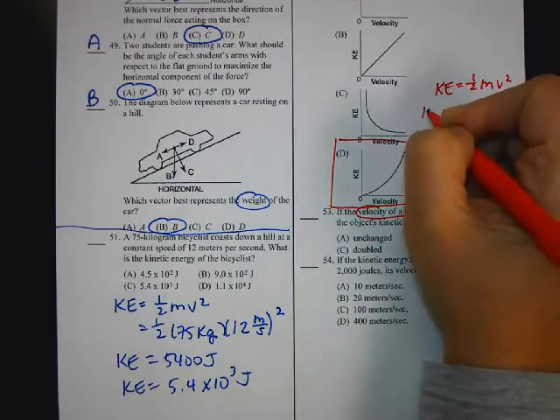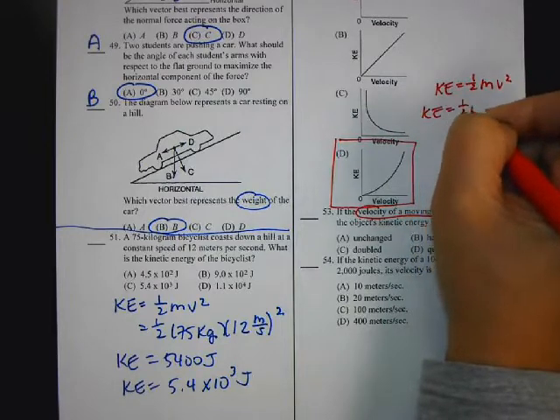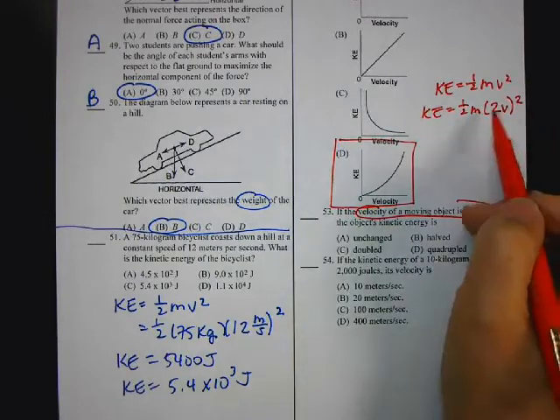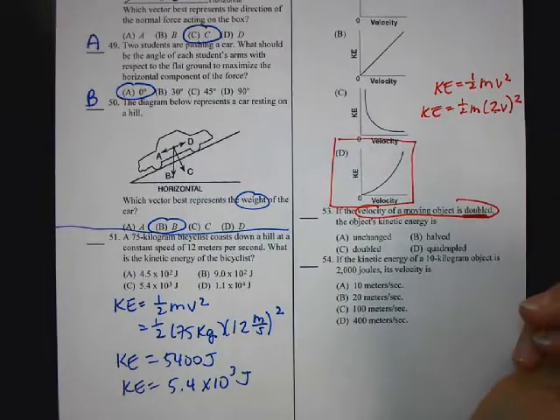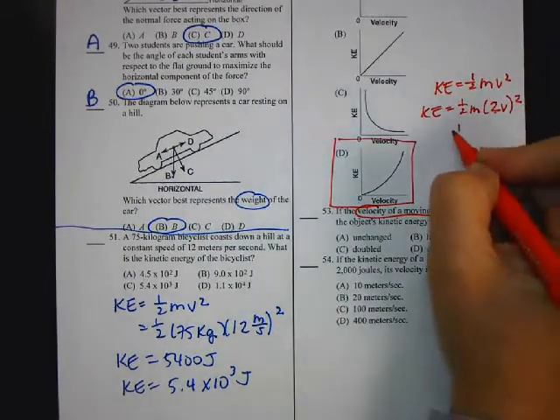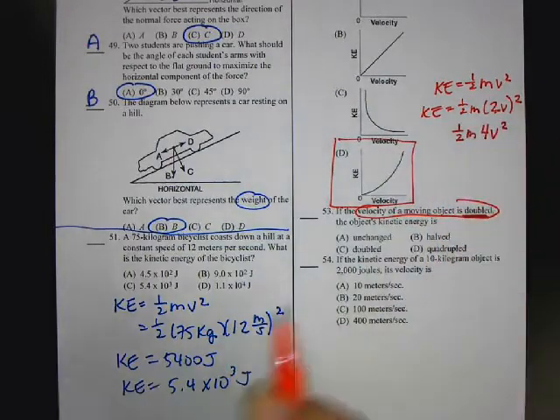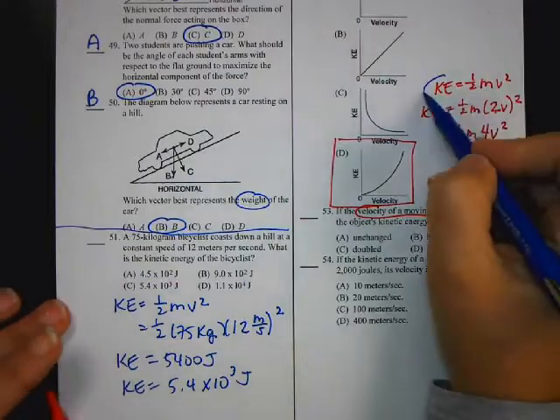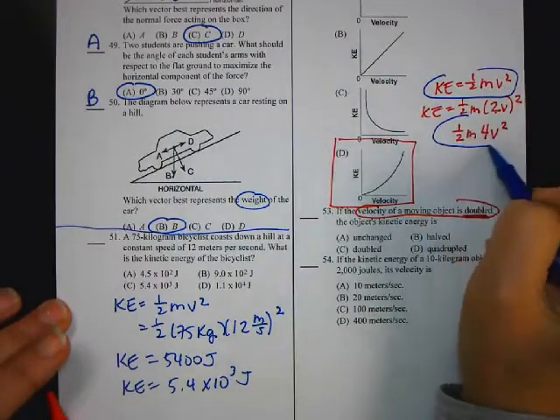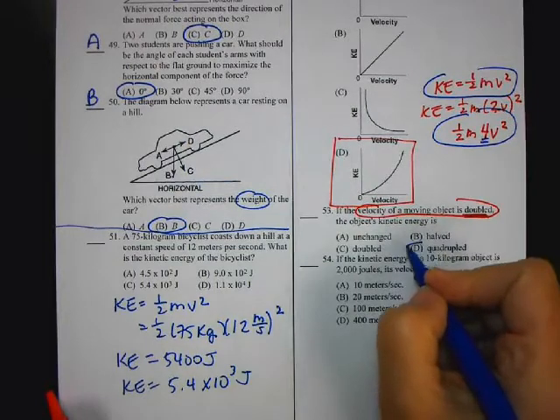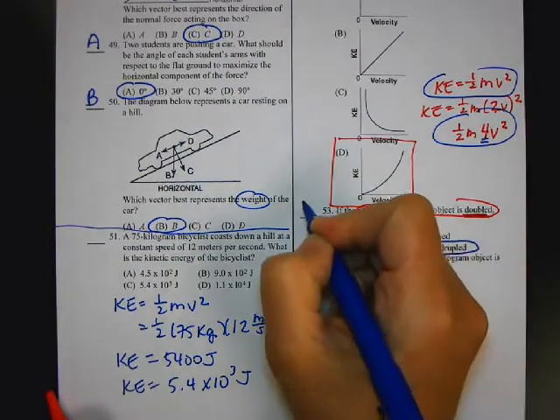So now kinetic energy is 1/2 m (2v) squared. So when I square the 2, I also have to square the v. So this comes out to be 1/2 m 4v squared. So now when I look at the difference between this and this one is 4 times as much, or it's quadrupled, which is choice D.